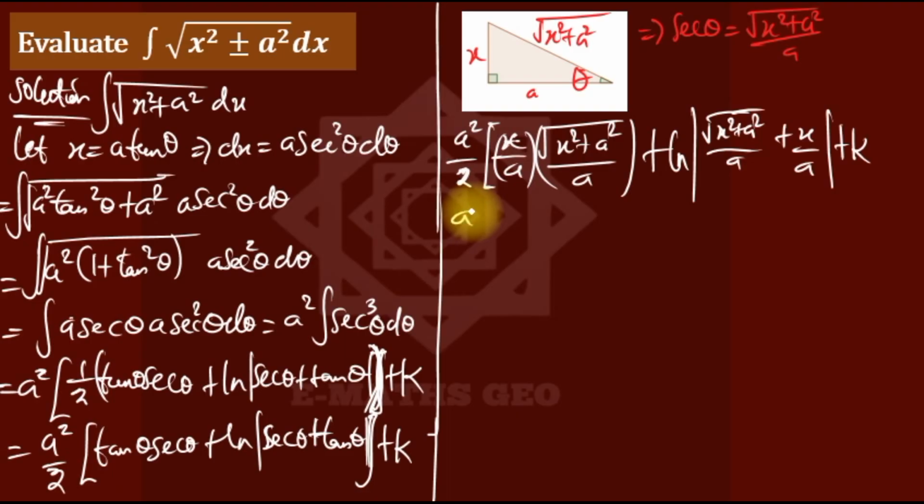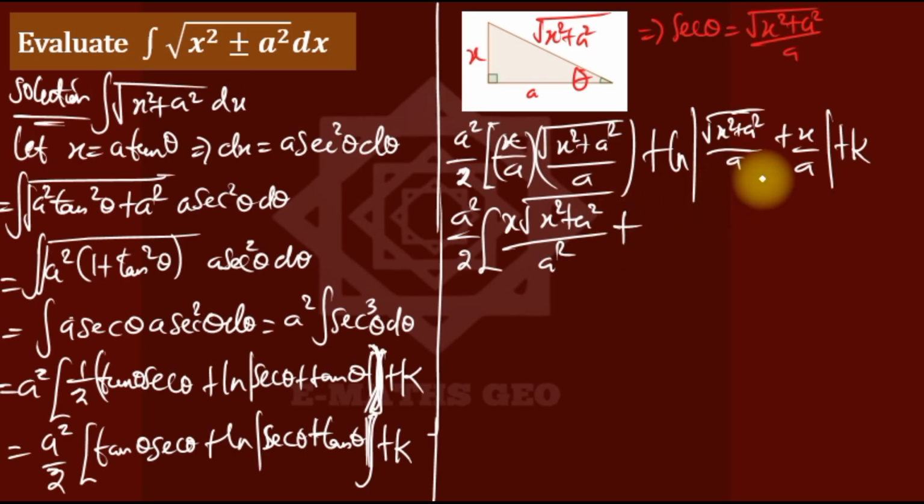This is a squared over 2. We have x times the square root of x squared plus a squared over a squared, plus, the LCM is a.